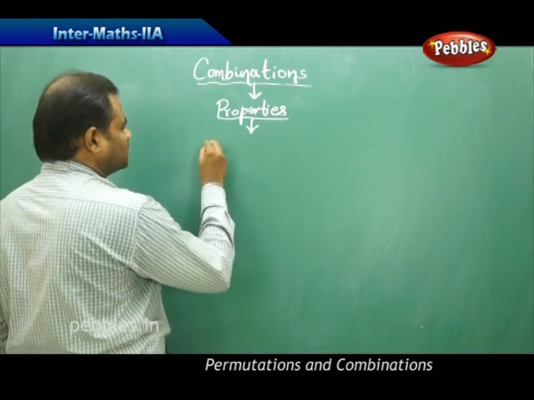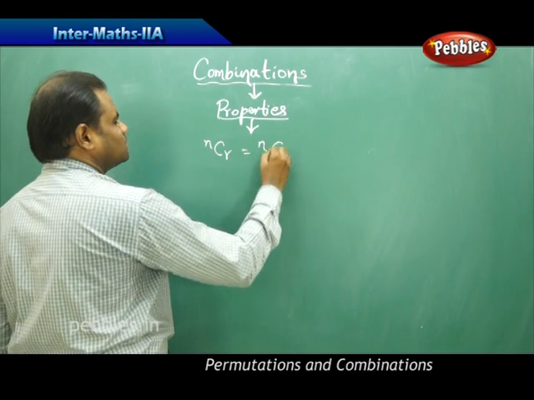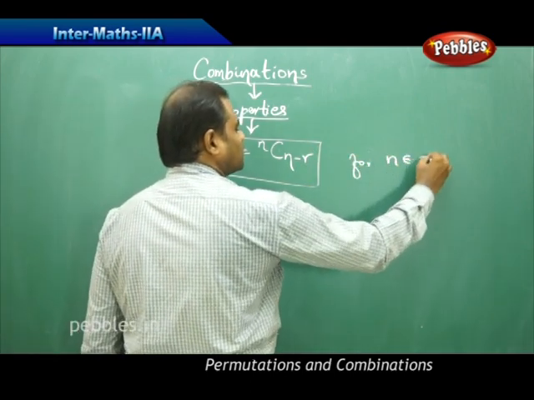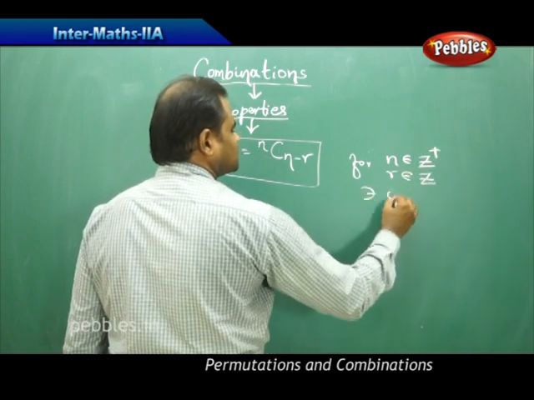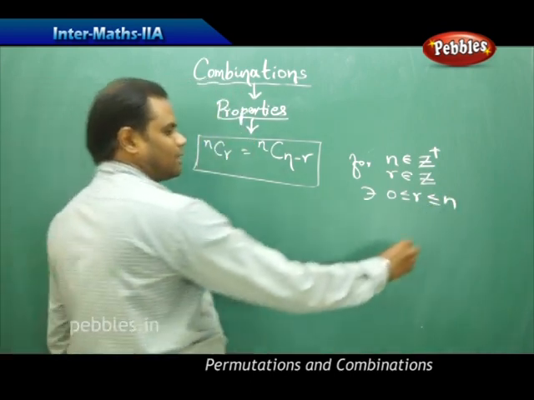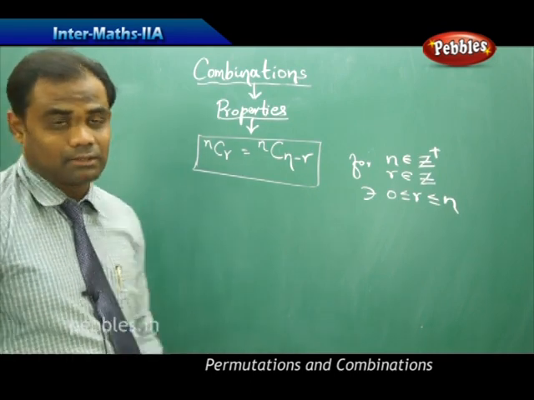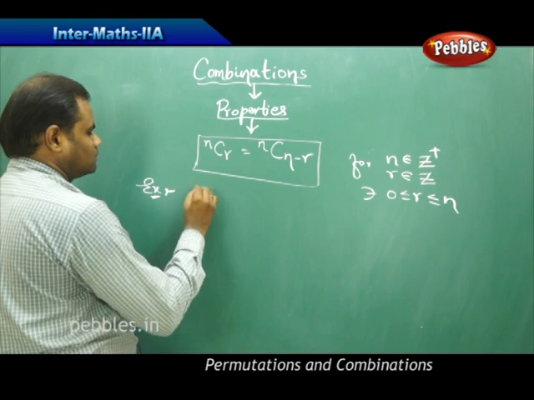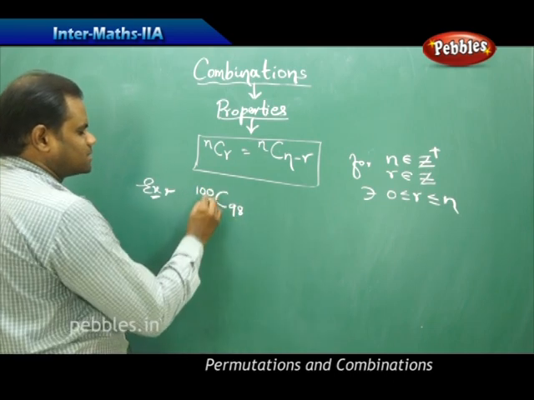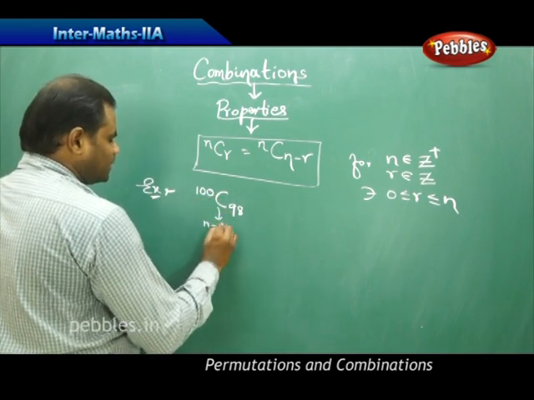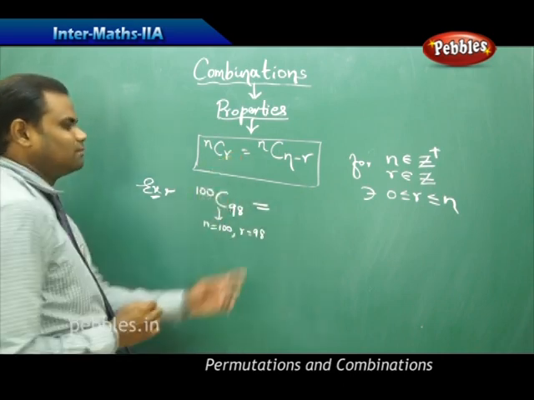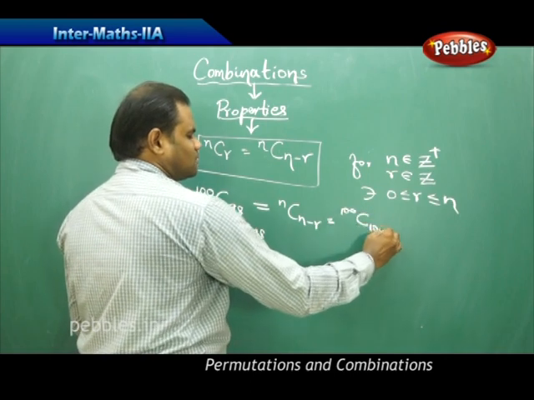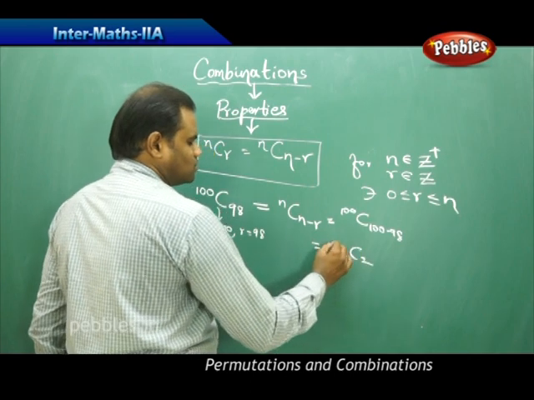Now the first property out here is NCR is equal to NC n minus R, is one of the basic properties which we identify for n belonging to Z plus and R belonging to Z, such that 0 less than or equal to R less than n, then I have NCR is always equal to NC n minus R. That is, for example, if I wanted to find 100C98, that is n is 100 and R is 98, then this with n equal to 100 and R equal to 98 implies this can be converted using NC n minus R, which is nothing but 100 C (100 minus 98), so this is 100 C2 is what we get.